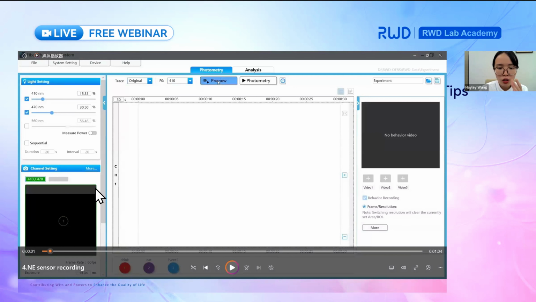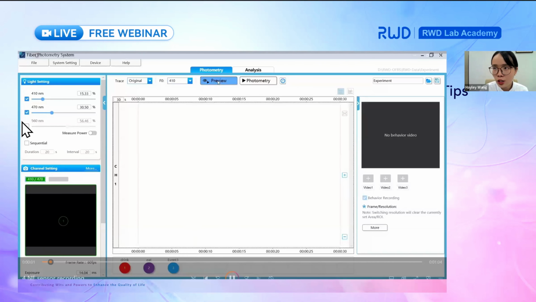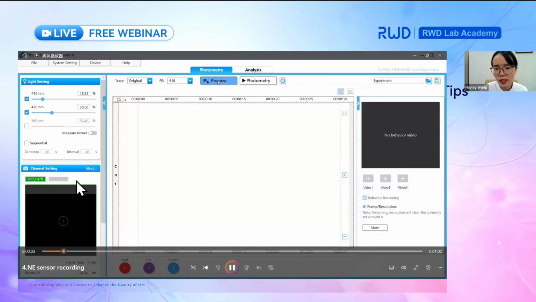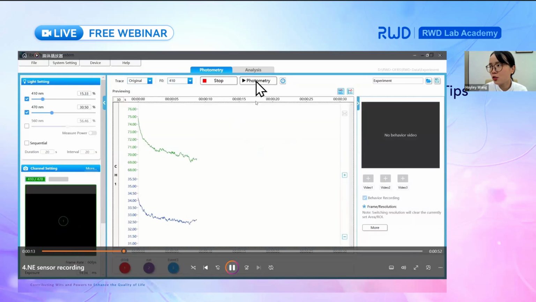We injected the NE sensor virus in the LH area in the mouse, and the stimulation paradigm is tail suspension. Now all the parameters have been set, so we can start recording. This is for preview, and this is for the recording. So we click here.